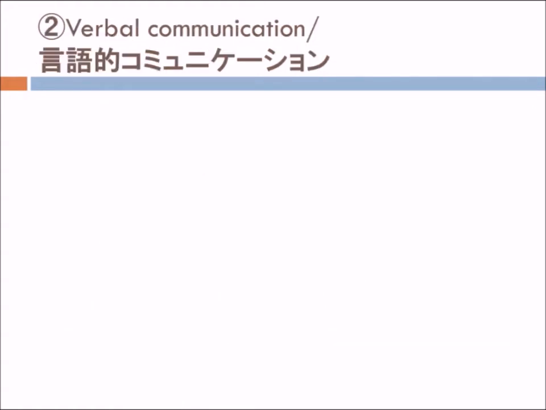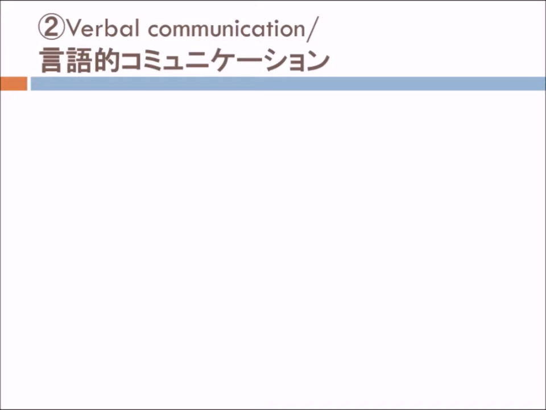Verbal communication. The method of communication consists of verbal communication, in which language is positively used, and non-verbal communication, in which gesture and facial expression other than language are also used.